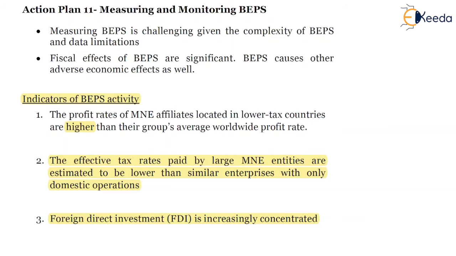So friends, here you can see six indicators of BEPS activity have been mentioned by OECD under Action Plan 11, through which, if such practices are being followed, then the tax administrators should come into action and start monitoring such BEPS activity, and accordingly it can be addressed at an early stage.